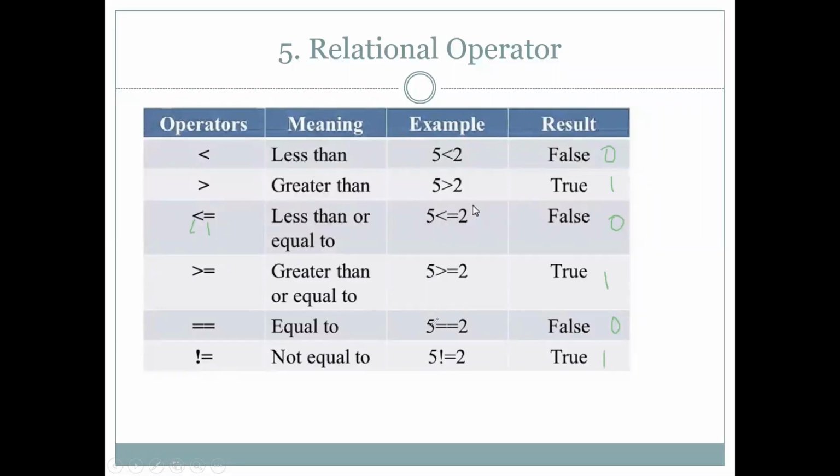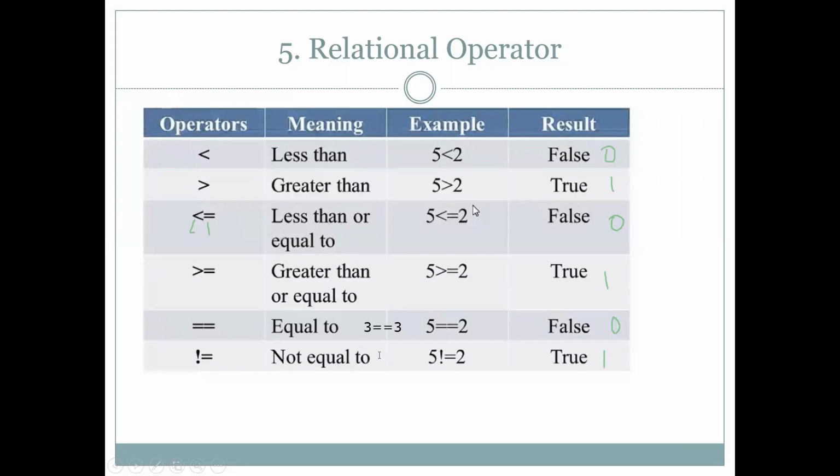Suppose I change the numbers and write 3 is equal to 3. In this case, what will be the answer? True or false? 3 is equal to 3. Yes, 1.